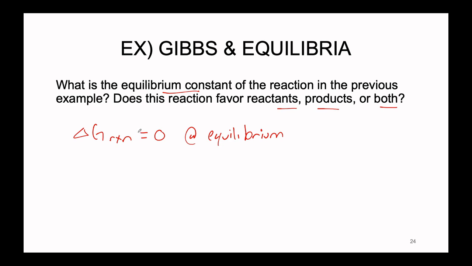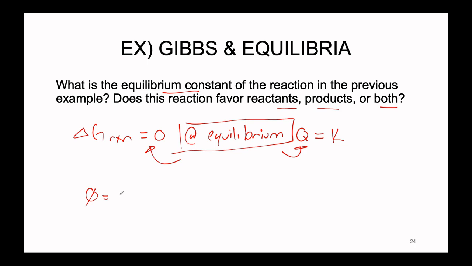So if your delta G is equal to 0, you're at equilibrium, which means also that your Q is equal to K. If you're at equilibrium, both of these concepts are true, which means that in your Gibbs free energy equation, where your delta G is equal to 0, you have a delta G naught of reaction plus R times T times natural log of K.